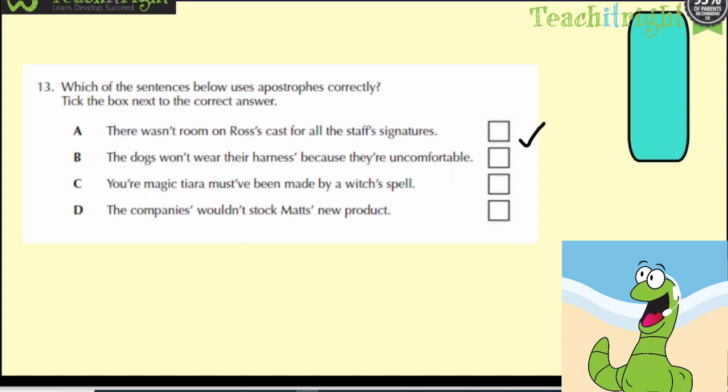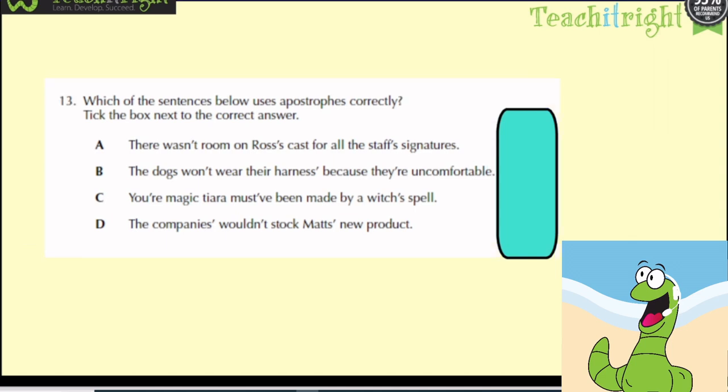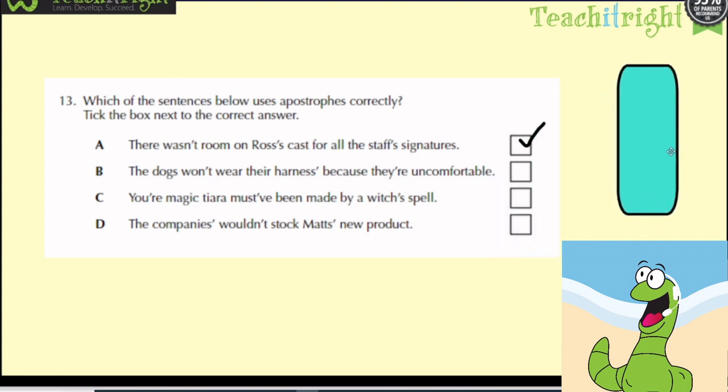Your magic tiara must have been made by a witch's spell. The companies wouldn't stock Matt's new product. So again, some of them aren't correct, but some of them are used in error as well. A is the correct one.